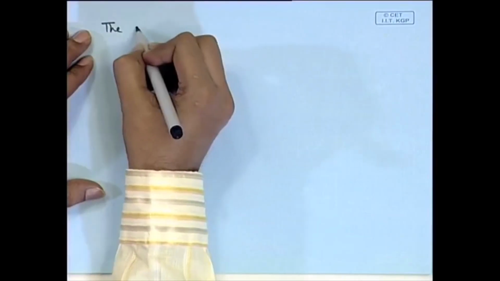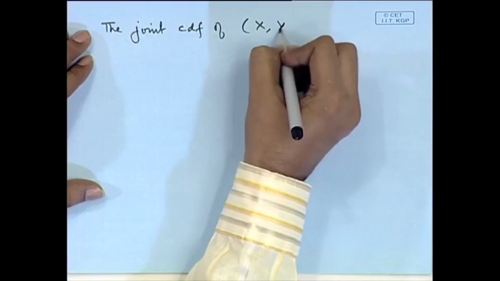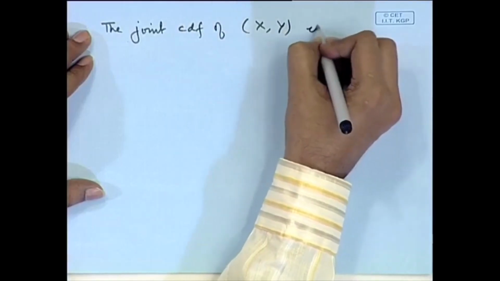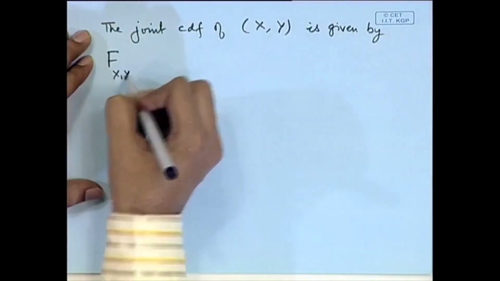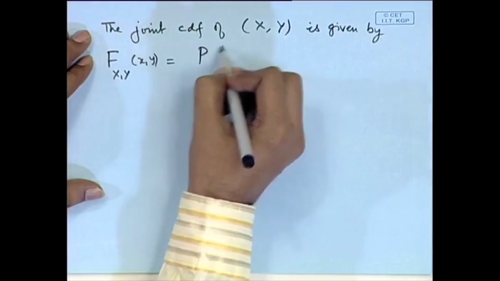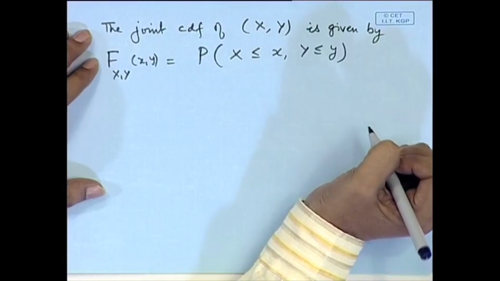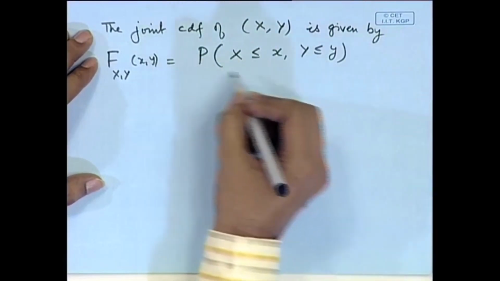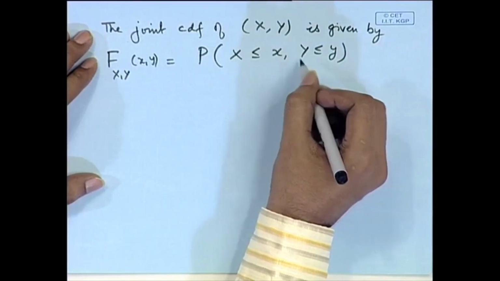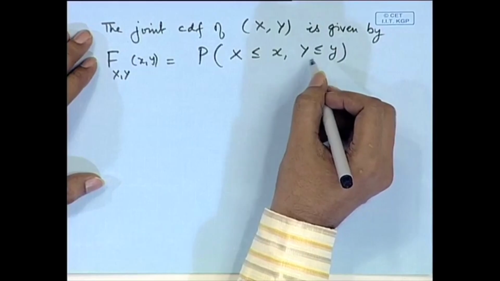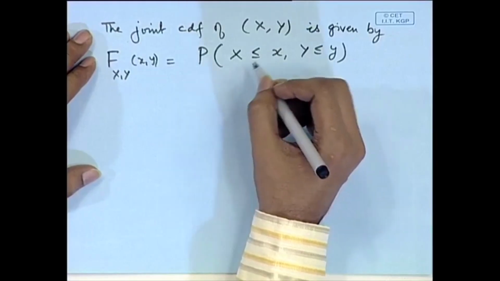So, the joint CDF of a bivariate random vector x y is given by f x y as probability of. So, we can see here that this function gives information about the type of the random variables that x and y are, as well as it will yield the individual CDFs of x and y also.